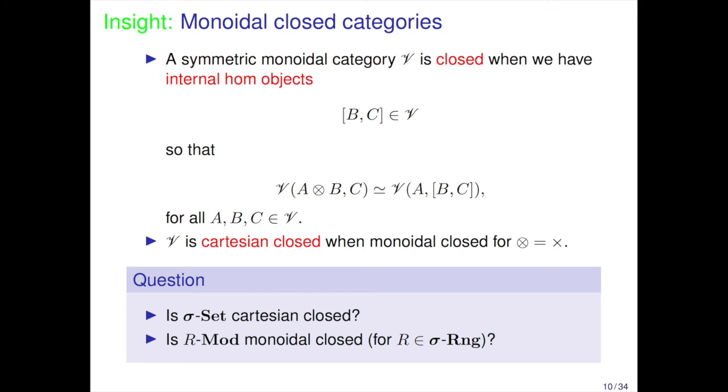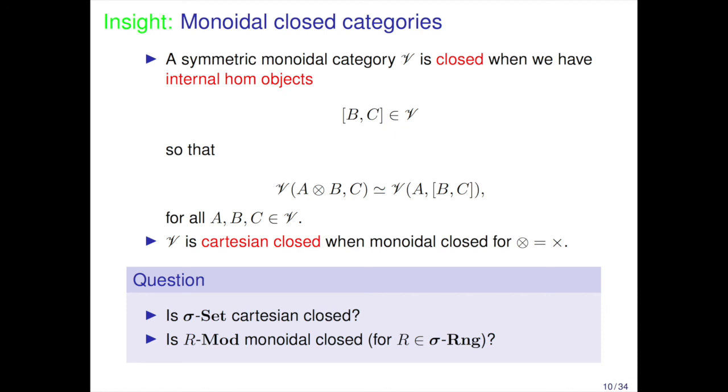Okay? And we say that a category is Cartesian closed when it's monoidal closed for the Cartesian product structure. Now, with the obvious attempts for the Hom objects, it didn't work, but perhaps there are some less obvious internal Homs that will make our desired categories into monoidal closed categories.